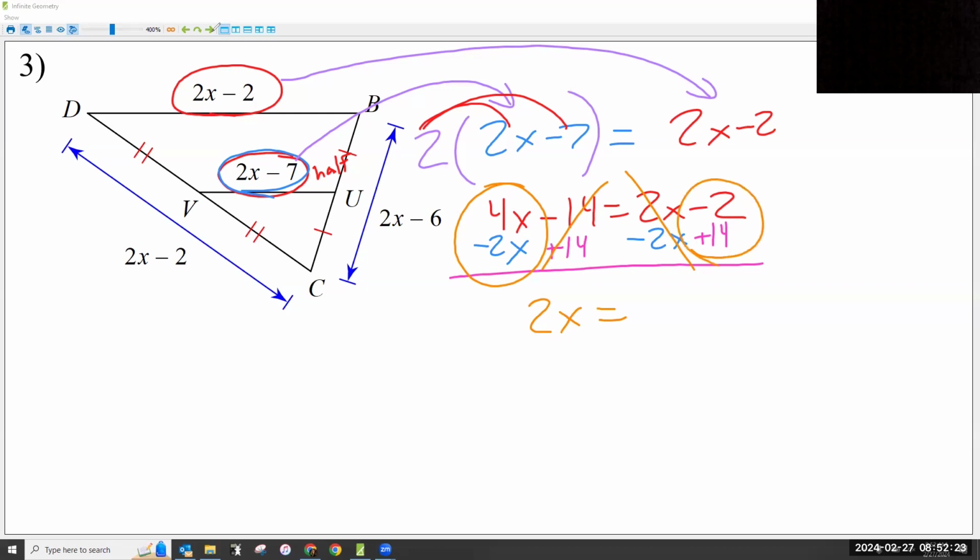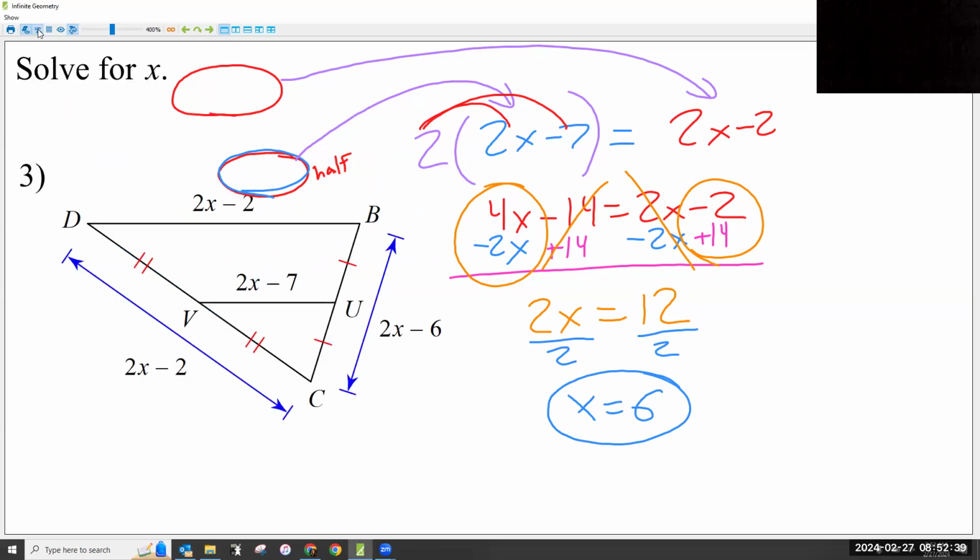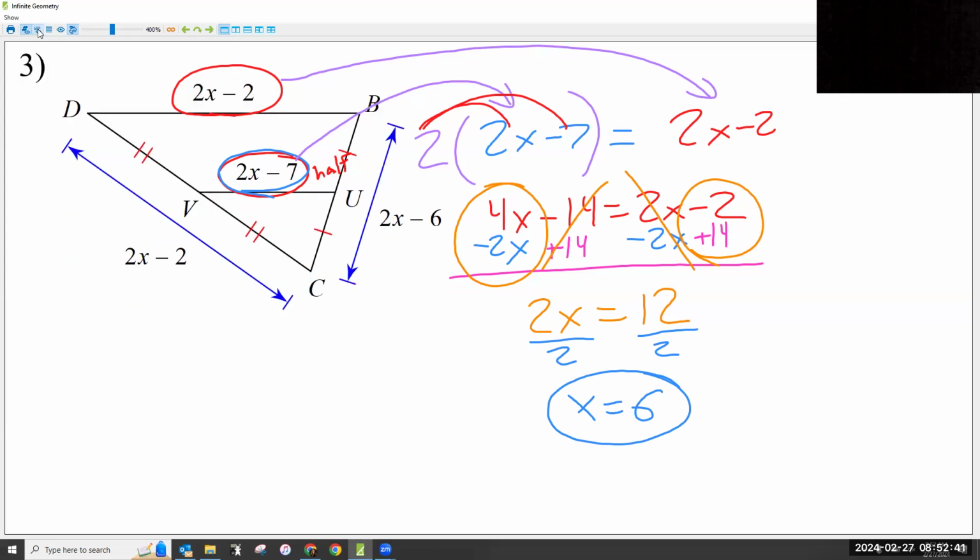And negative 2 plus 14 is 12. Divide by 2, and I get x equals 6. Click up here, make sure that's what my instructions told me to say. Yeah, my instruction just says solve for x, so we're done. There's x. So that is the next 4 problems.